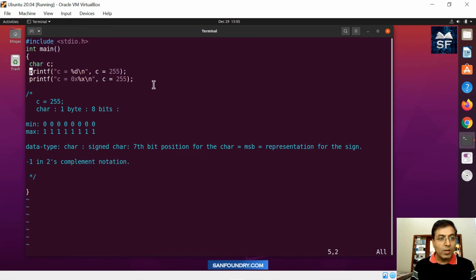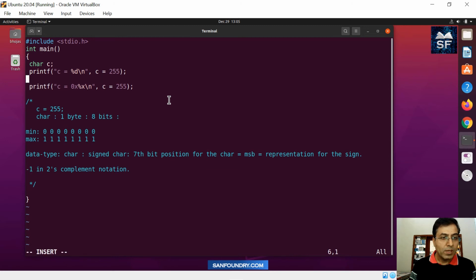Now since you have understood why it is -1, we have to just make sure what the value will be for this. For the sake of clarity, before I jump into this interesting printf, let's have a character as an unsigned character. I repeat, unsigned character.